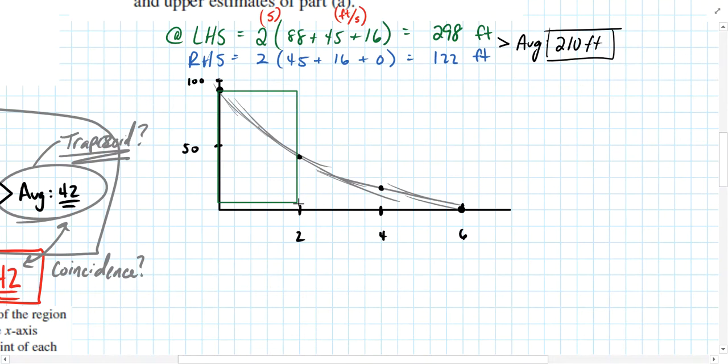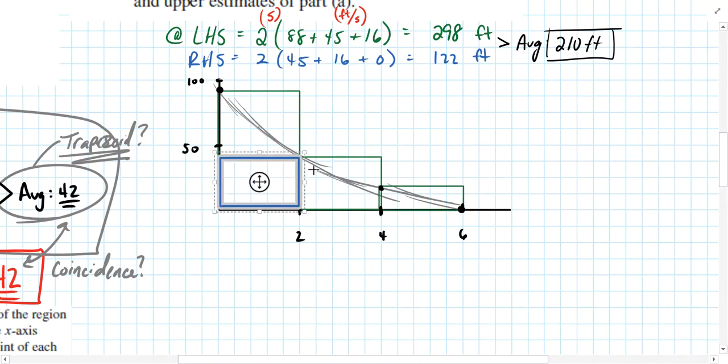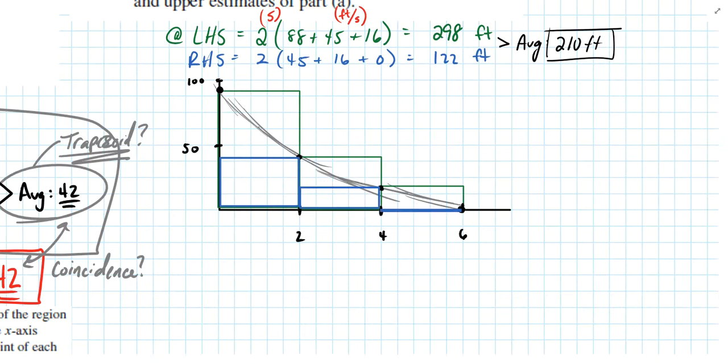So a left-hand rectangle was drawn here, here, and here. Each of those had an overestimate, whereas our right-hand sums, from the right side of that interval, produced the lower or underestimates that time.